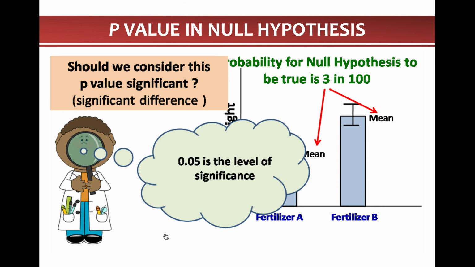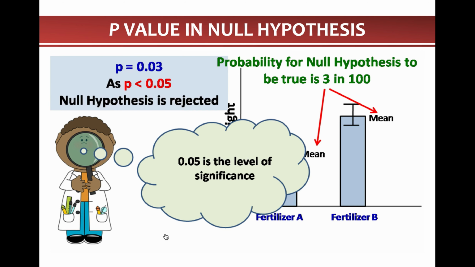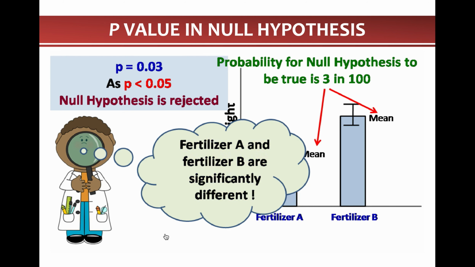Let's say the level of significance decided by the researcher was 0.05. Then in this case, the researcher has to reject the null hypothesis and conclude that there is a significant difference between fertilizer A and fertilizer B.